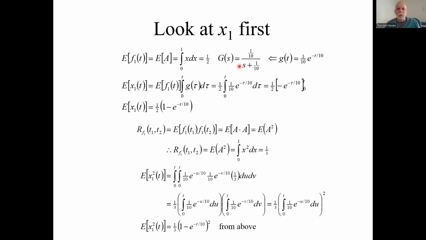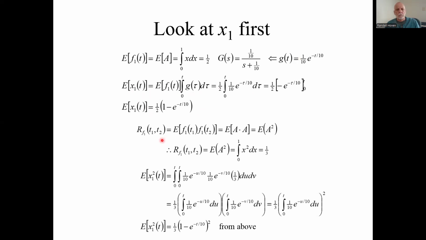We take the inverse Laplace transform of our given transfer function, and it is this thing. So we had a formula for the mean of the output. It's the mean of the input times this little integral. Well, the mean of the input is that half, and this integral is the integral of this weighting function. So you take that integral, here's what you get.